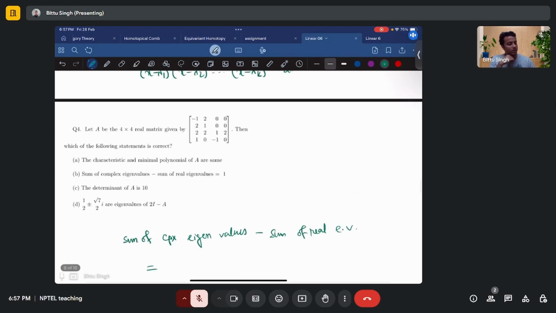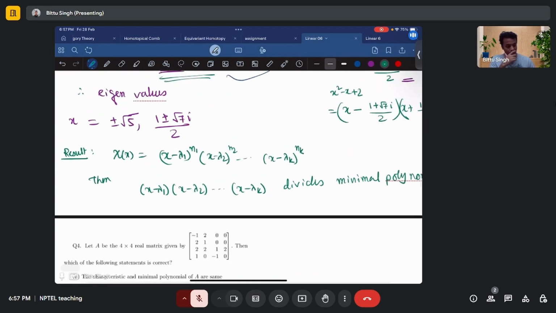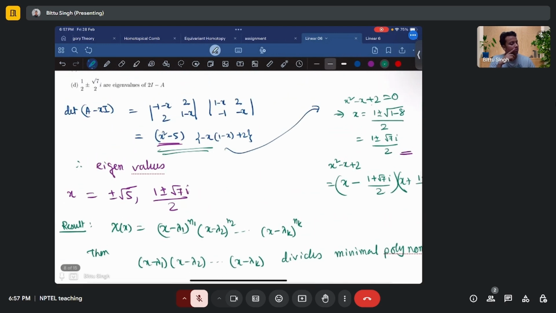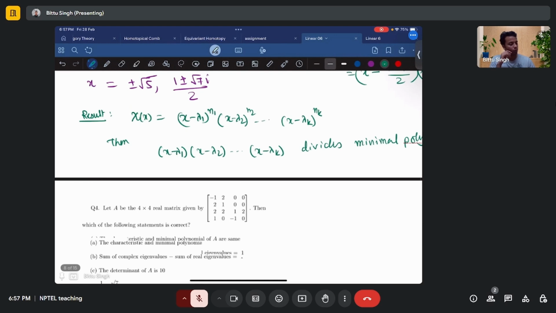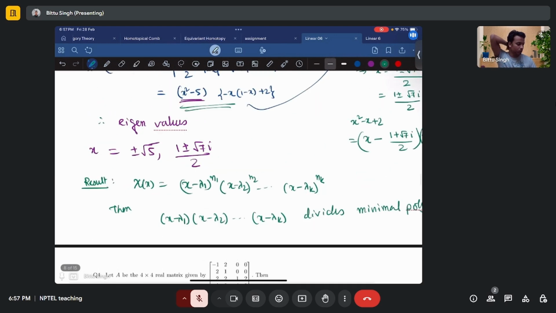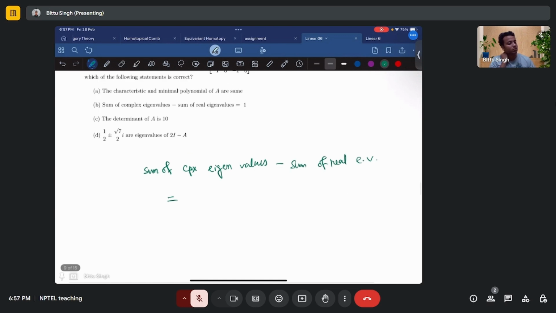So we have already seen that the complex eigenvalues are 1 plus minus root 7 by 2 i. So 1 plus root 7 i by 2 plus 1 minus root 7 i by 2, minus sum of real eigenvalues.